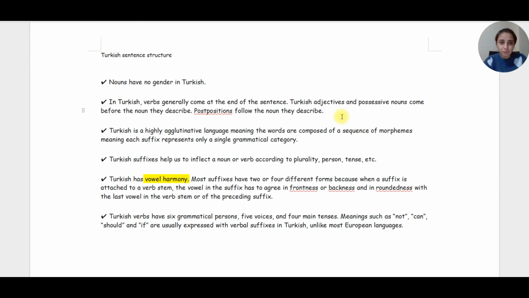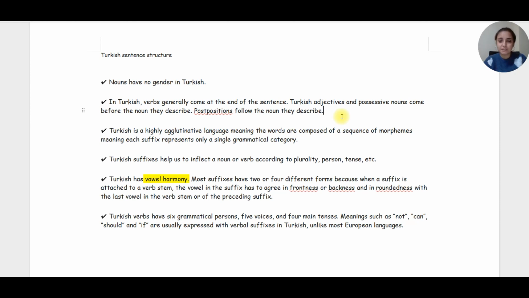Turkish has vowel harmony, and you will hear this hundreds of times because it is the basis of Turkish and you have to know it. Every single suffix depends on vowel harmony.